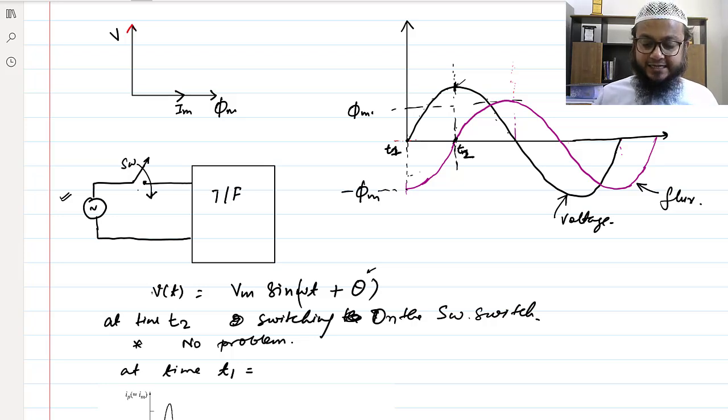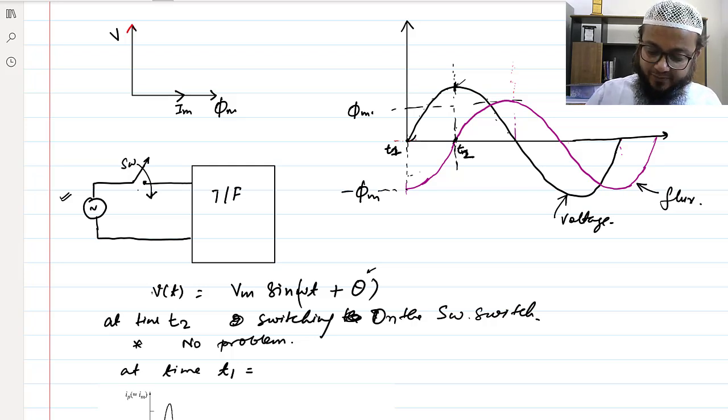But in the physical sense, since we are energizing at that time, and let's say initially there was no flux in the core because the transformer is being used for the very first time, obviously there is no flux there.